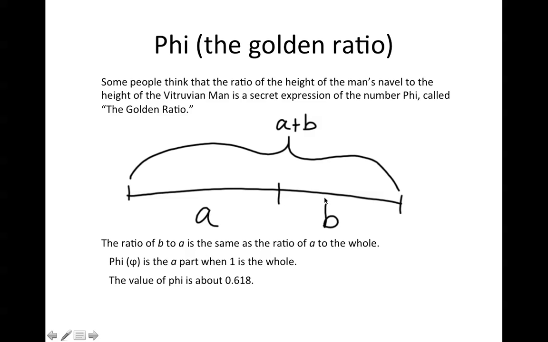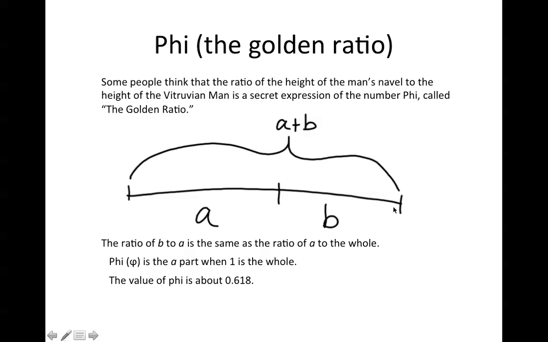So the golden ratio is this idea that there might be two measures and they'll have a ratio, the ratio of B to A, right? And when you add them together, you also get a whole distance, A plus B. So the concept is, is there a number such that the ratio of B to A is the same as the ratio of A to the whole length?